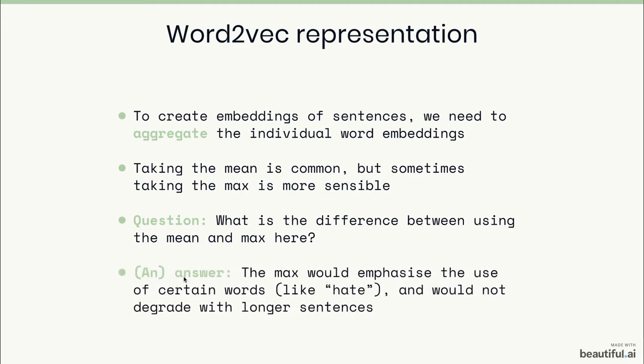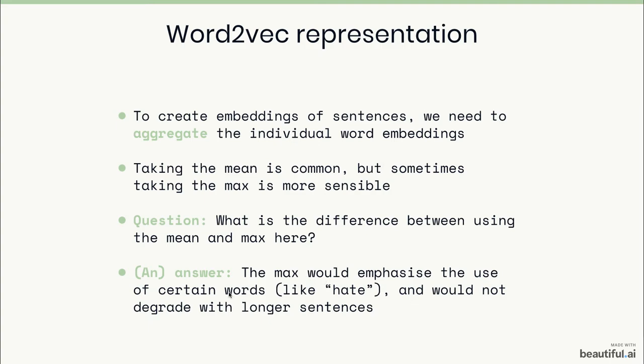There can be many differences between using the mean and max. One difference between the two is that the max would emphasize the use of certain words. Say if we have a word like hate in the sentence, then the maximum would spit out roughly the value corresponding to hate, where the mean would also take all the surrounding words into account.